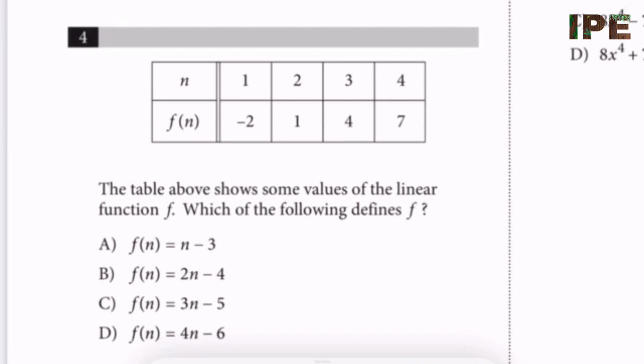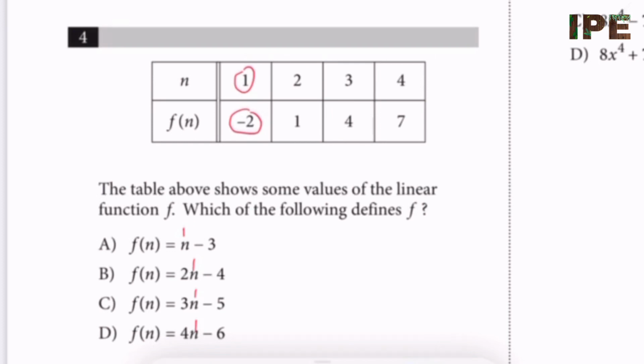Today's topic is general things about functions, so I'm not going to use the linear function equation like slope and y-intercept. I'll just plug in numbers. So when n equals 1, then f of n must be negative 2. So if you plug in 1, the value must be negative 2. So for every choice A, B, C, plug in 1 for n, that is all negative 2, right?